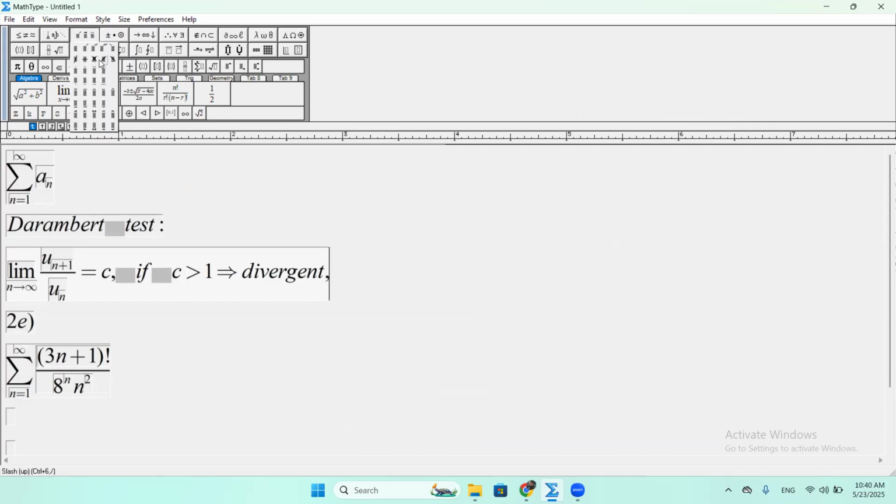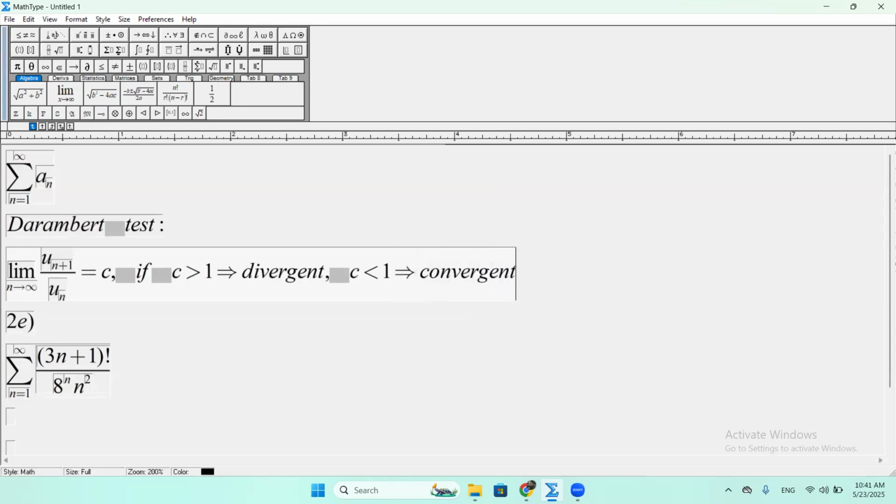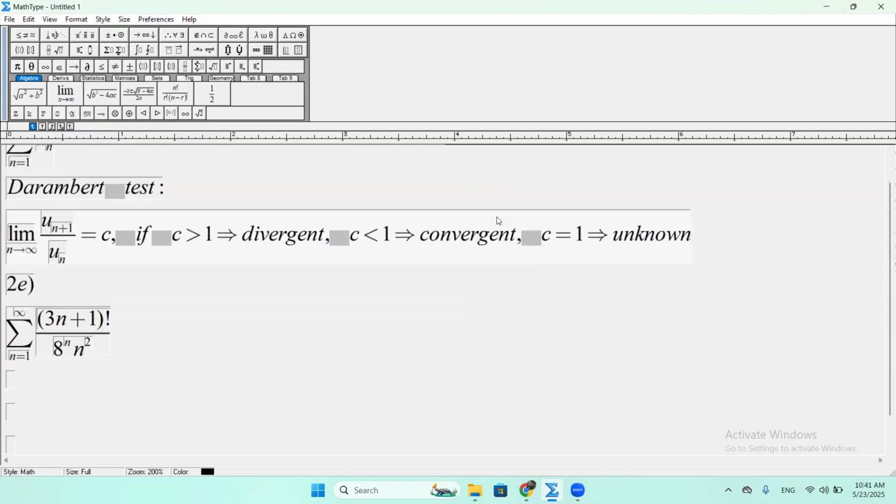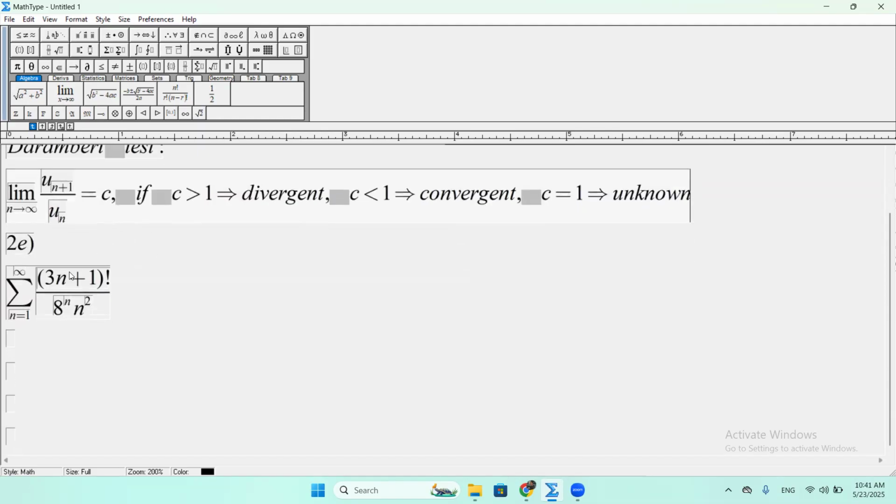If c is less than 1, the series is convergent. If c equals 1, it is unknown: we cannot say if it is convergent or not, so we will have to use other tests for more investigation. Here we will use the D'Alembert test for such a series.